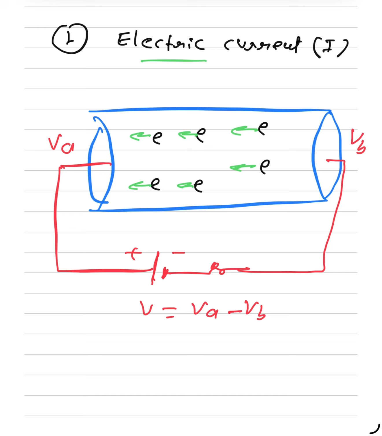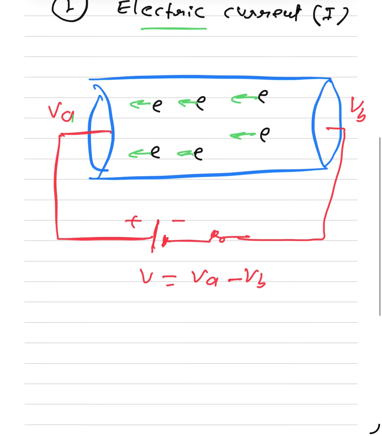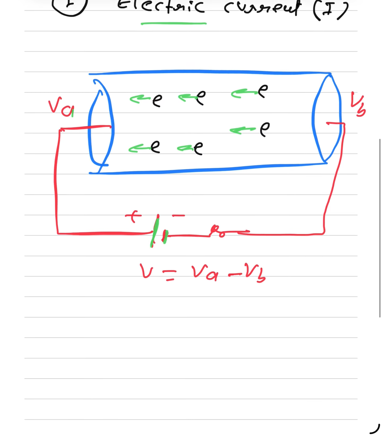Suppose this is a cylindrical conductor, with potential VA at this point and potential VB at this point, and the conductor is connected to a battery, an external source. This is the higher potential and this is the lower potential.